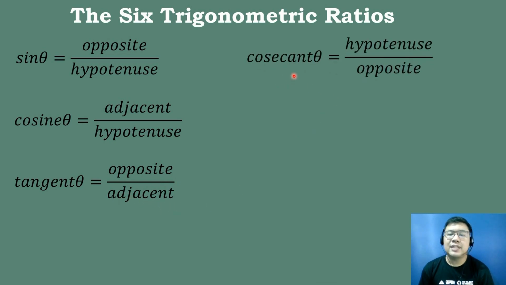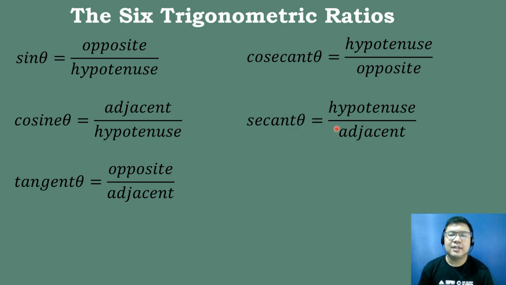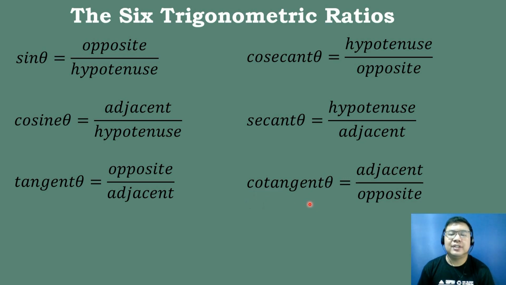And then cosecant theta is equal to the value of the hypotenuse divided by the opposite side. And then secant theta is equal to hypotenuse divided by the adjacent side. And we have cotangent theta is equal to the adjacent side divided by the opposite side.